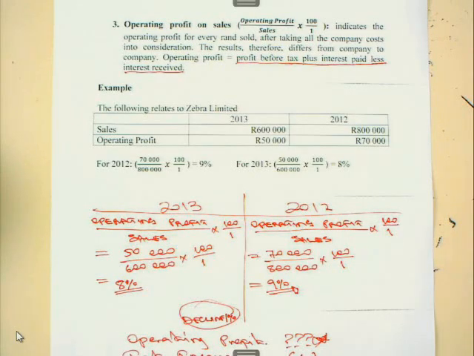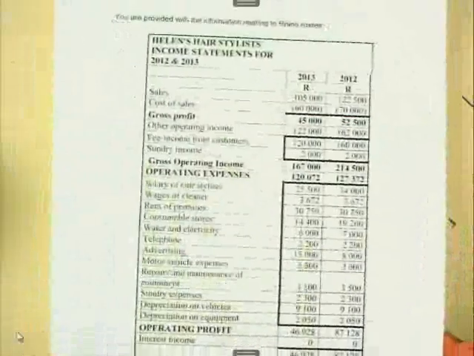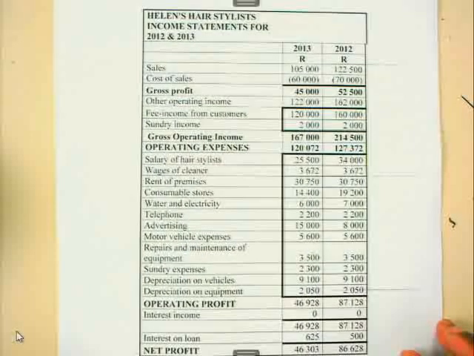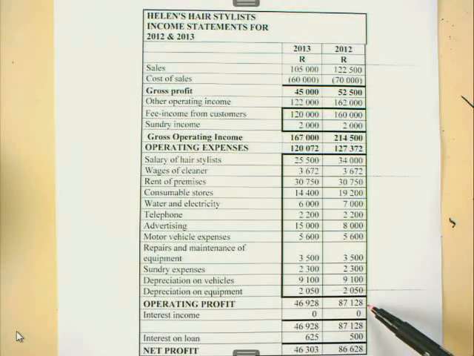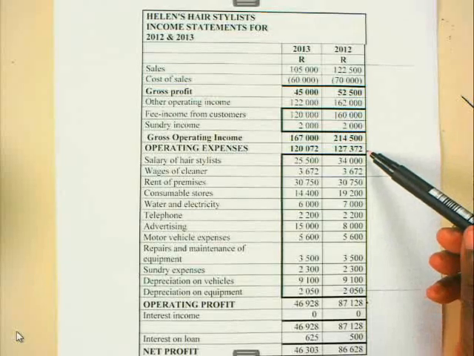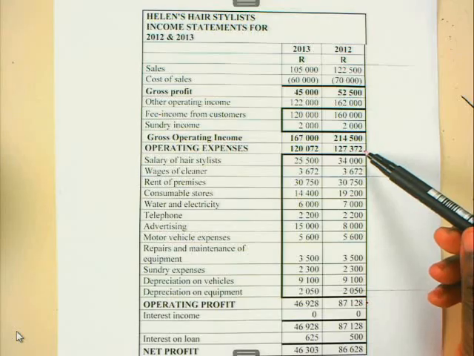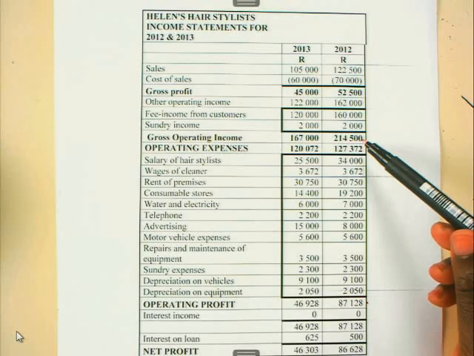You'll remember where we take the operating profit from the income statement. It is the portion, the operating profit, it is here. It means we want to look at the earnings of the business after we have taken all expenses into consideration. You'll remember that it was gross operating income of 214,000.